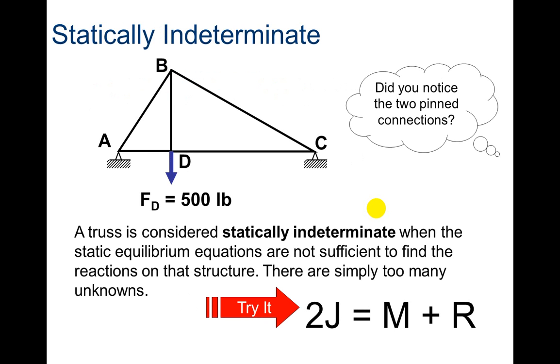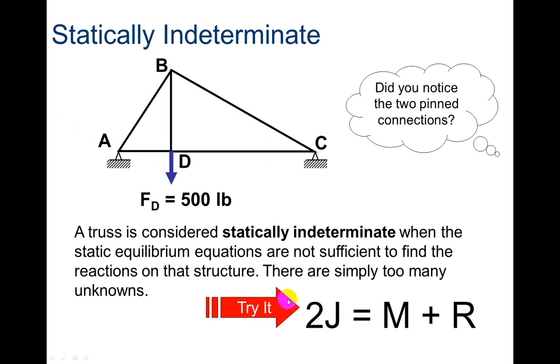So let's look at one of these here. All right, remember each pin has two reaction forces, one in the X and then one in the Y. So we'll start left to right. 2 times J, J being my joints. I have 1, 2, 3, 4 joints.